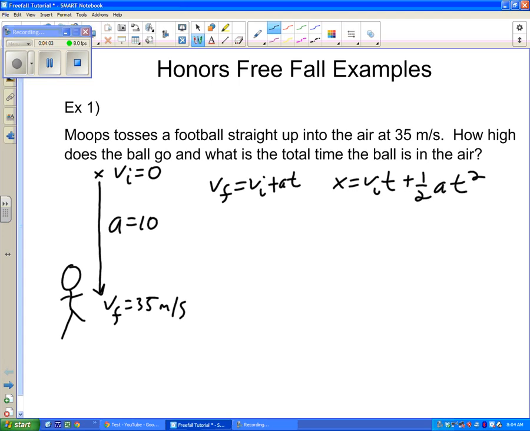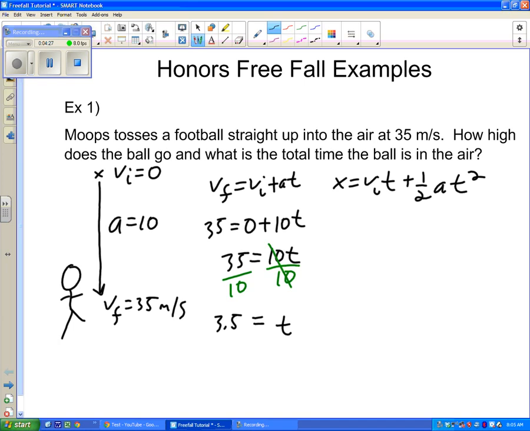We know we're using these. This one is 35 equals 0 plus 10, positive 10, times t. So 35 equals 10t. Divide both sides by 10, and we get t equals 3.5. That is for the down part only.